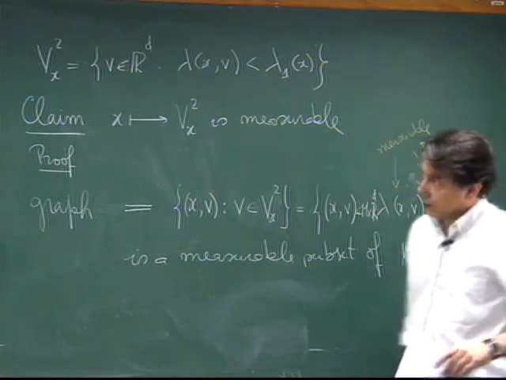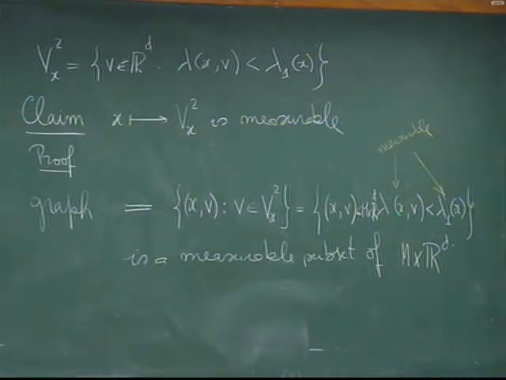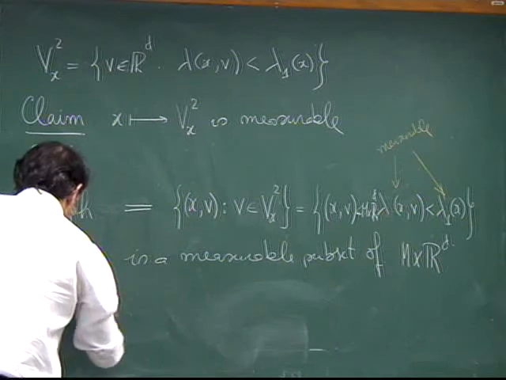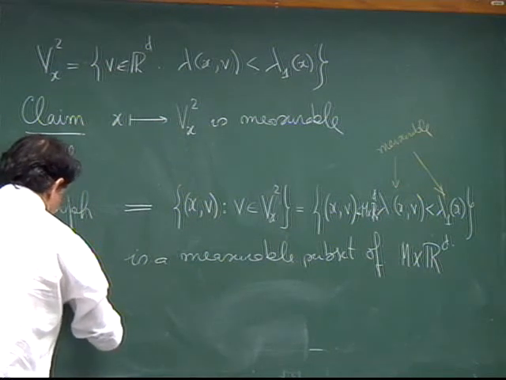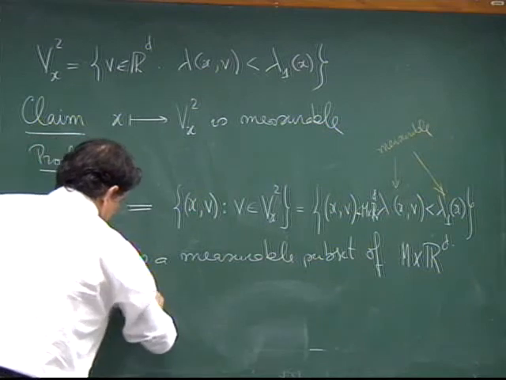Then by this lemma, by theorem 2 and B, the graph is measurable, so by theorem B we get the conclusion.